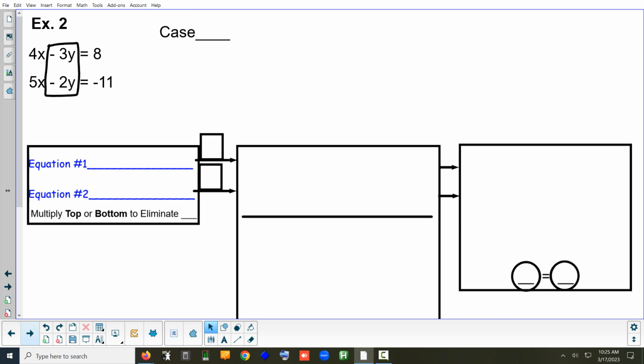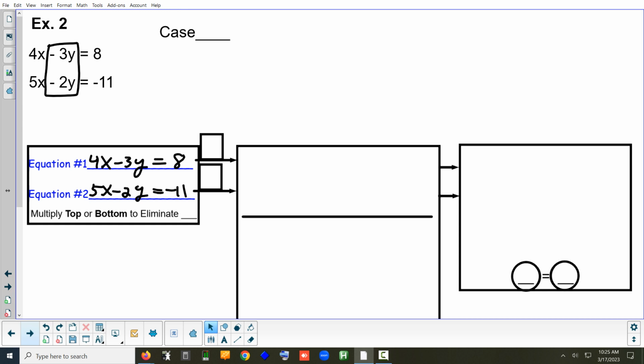Speaking of columns, is everything lined up the way it should be? Yeah, so let's copy them down. 4x minus 3y equals 8. And 5x minus 2y equals negative 11. Okay, so remember the goal.